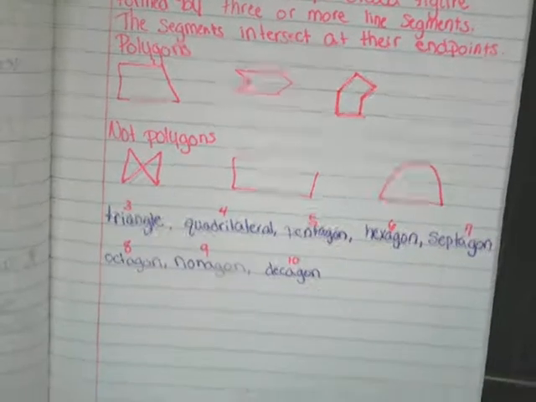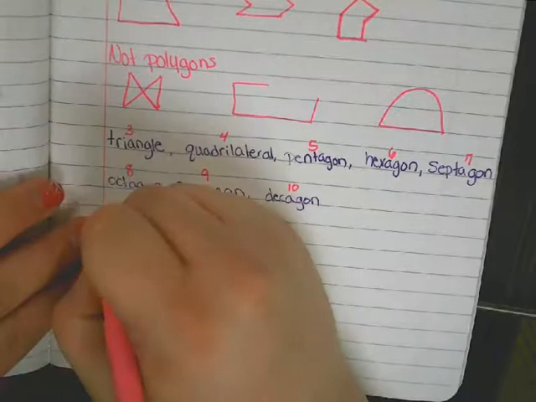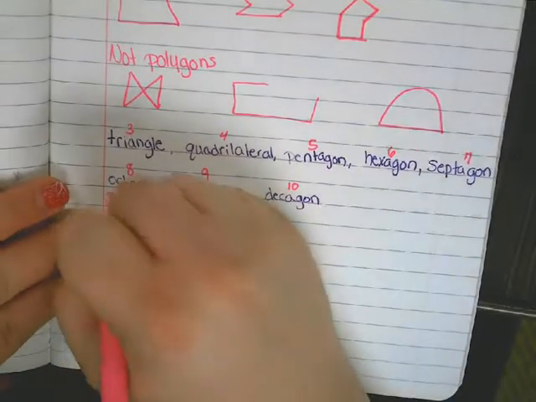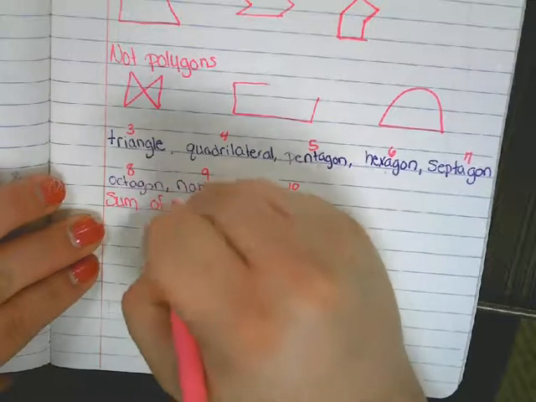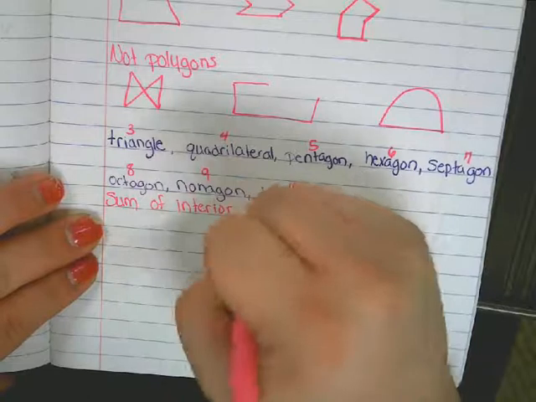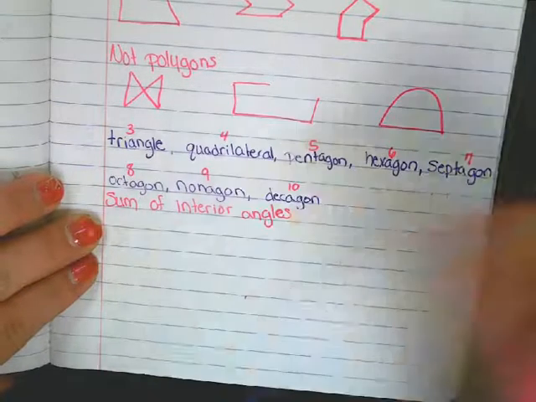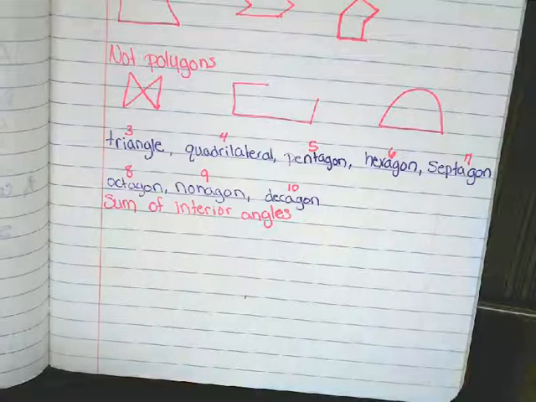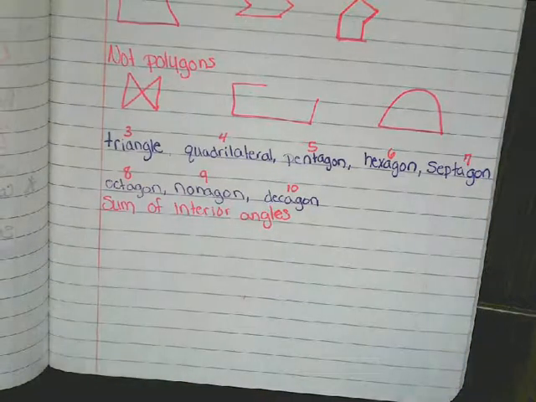Okay, the next part is going to ask you to find the sum of the interior angles. So last week we focused on the triangle and the quadrilateral. And we said there's 180 degrees in a triangle, there's 360 degrees in a quadrilateral.